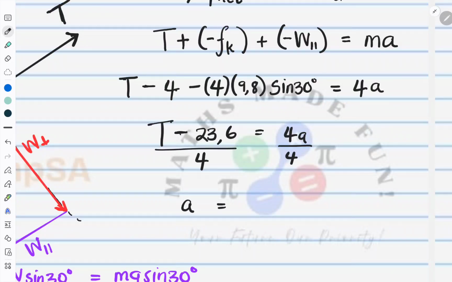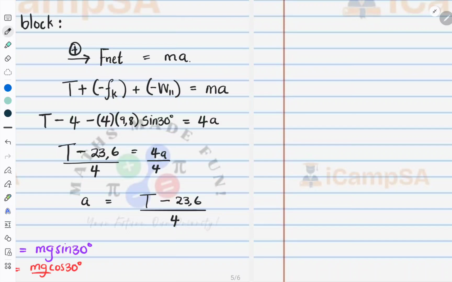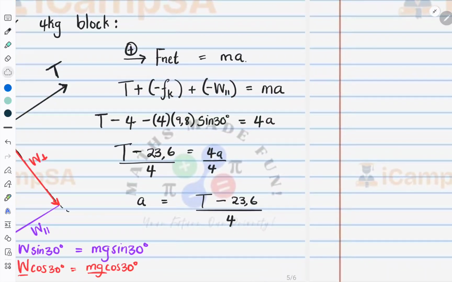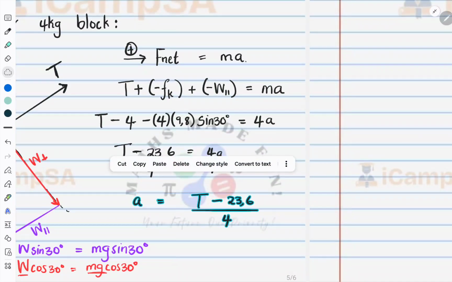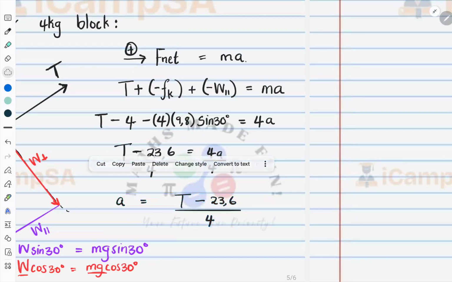Therefore your a is T minus 23.6, all of that divided by 4. Then we will call this our equation 1. It's the first equation that we get, so let's call it equation 1.